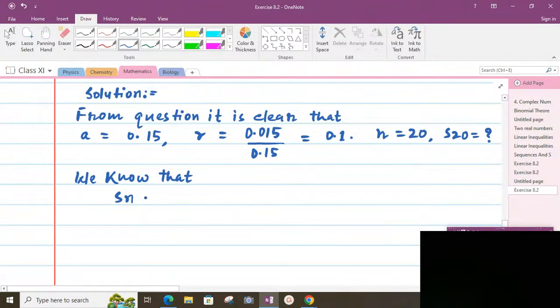Sn equal to a into 1 minus r to the power n by 1 minus r, because here r is less than 1.